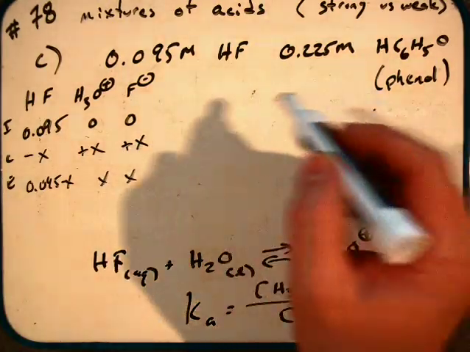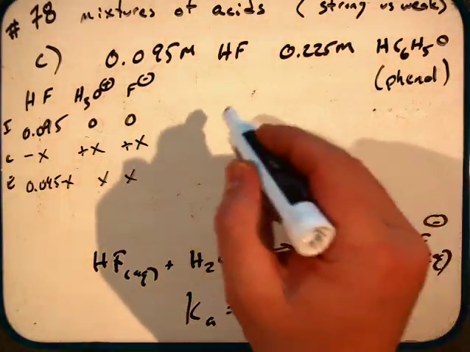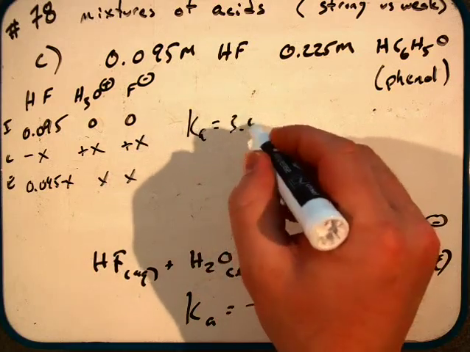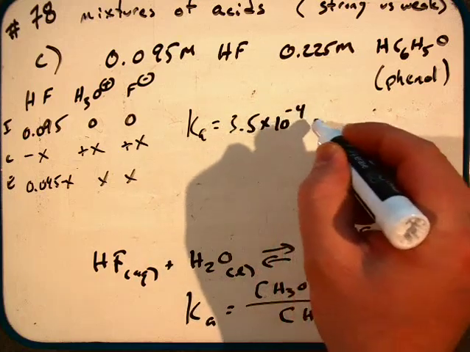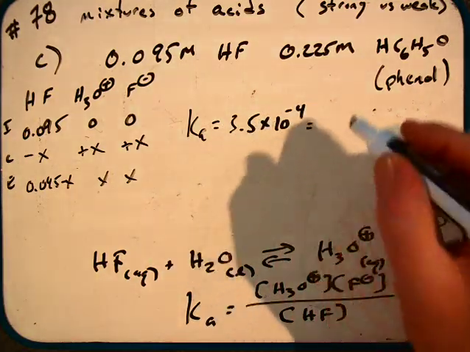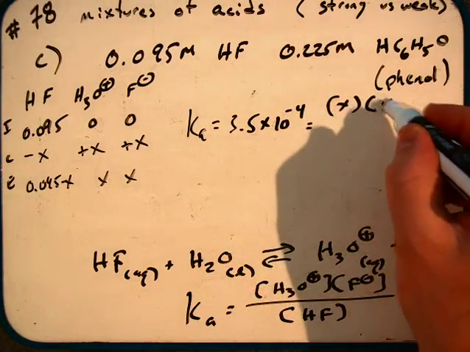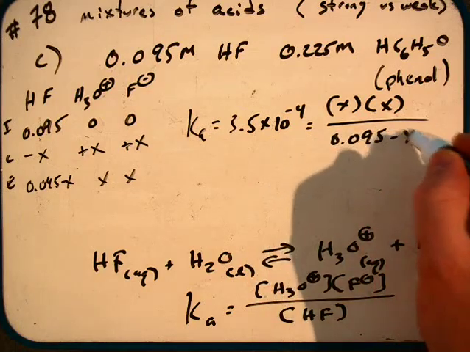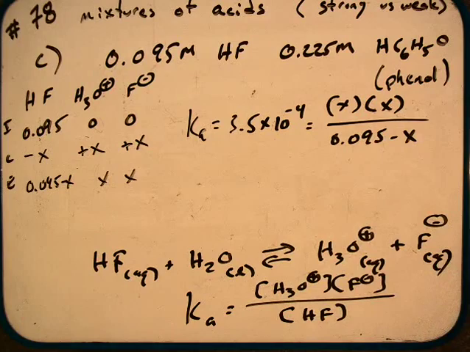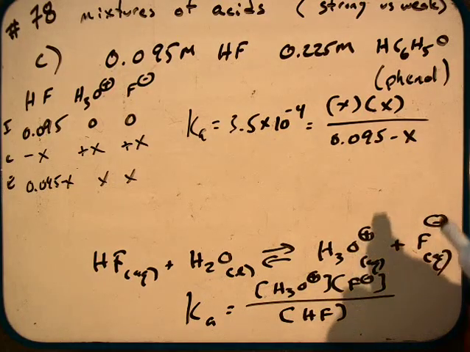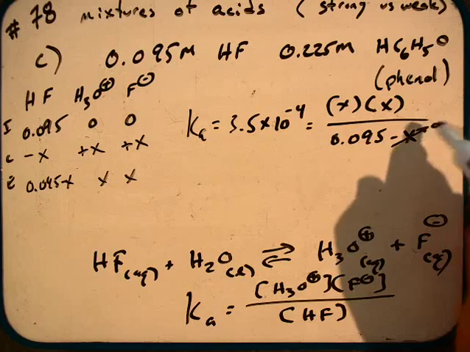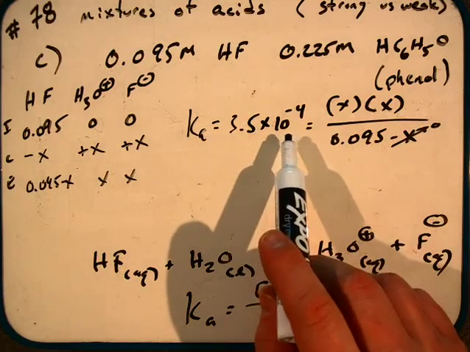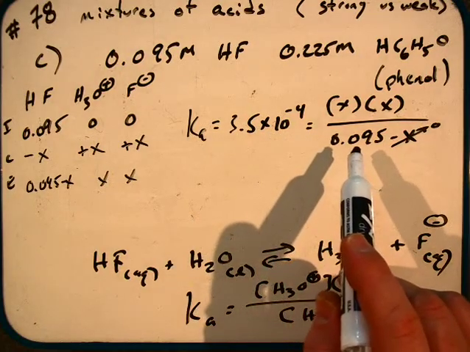We can plug that into our Ka. Remember, our Ka was equal to 3.5 times 10 to the negative fourth, and that is going to be equal to our H3O plus times our F minus over our HF. Here's where we need to make an assumption. We'll assume that the change goes to 0 because we have a very small Ka, and we also have a large initial concentration of starting material.